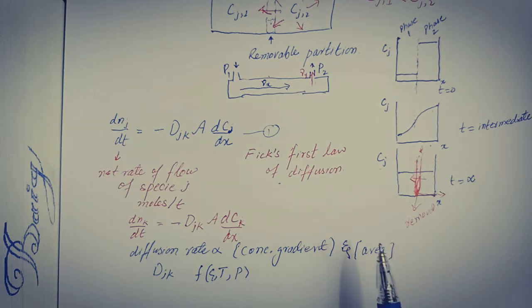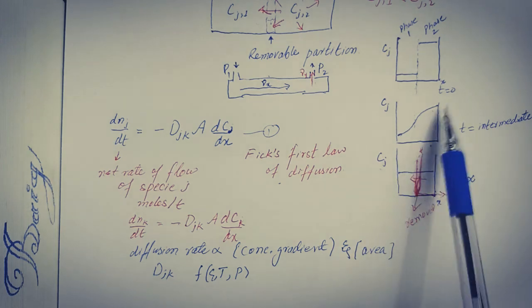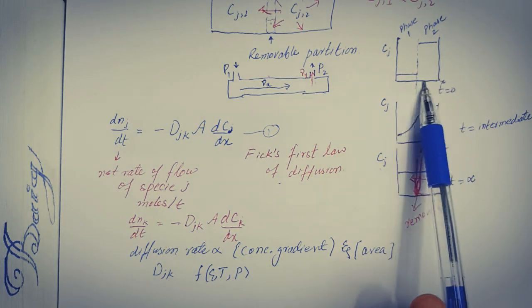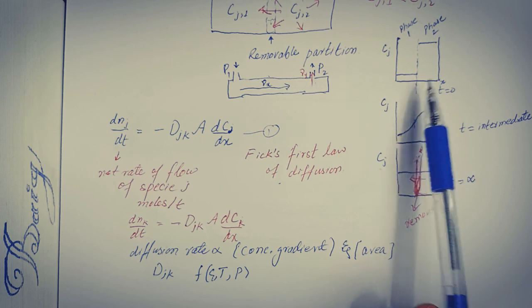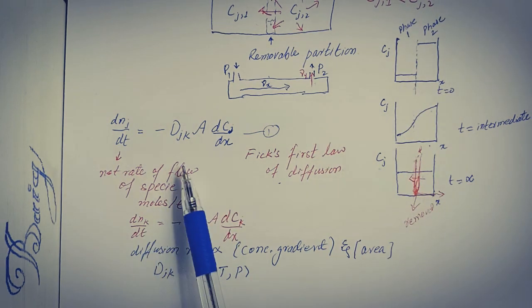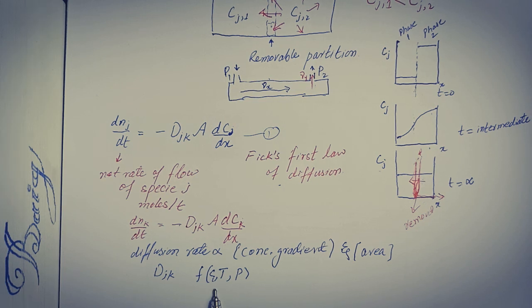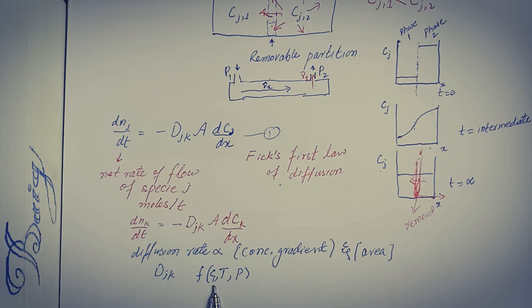And here, if the two solutions differ substantially in initial concentrations, then since the diffusion coefficients are a function of temperature, pressure and concentration, concentration is one of the important factors that decides the value of the diffusion coefficient, which varies substantially with distance x.